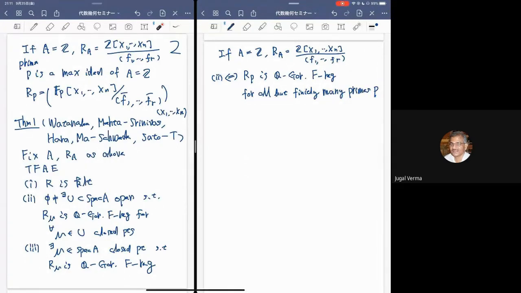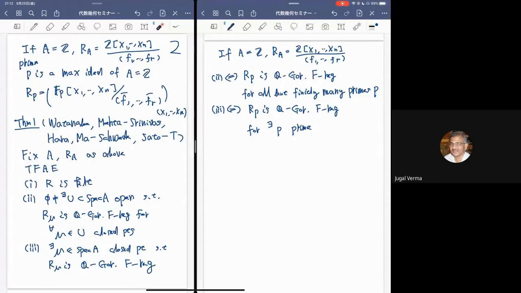Basically, for almost all primes, R_p is F-regular. And the third condition is equivalent to saying that R_p is Q-Gorenstein F-regular for one p, for some p.